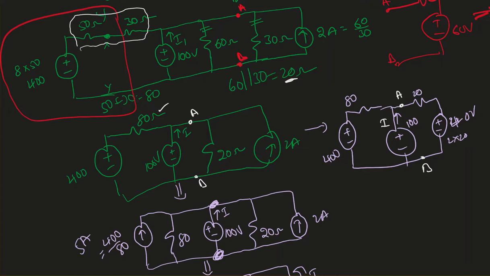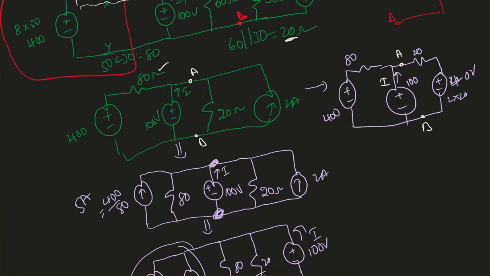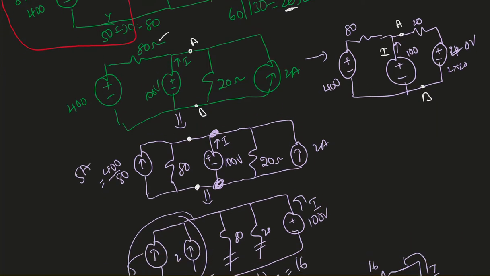That's our goal. Okay, so what I'm going to do, instead of converting this 2 ampere 20 ohms, I'm going to keep them as it is, but I'm going to convert the 400 volt 80 ohms into a current source in parallel with a resistor. Okay, so the resistance is going to be 80 ohm and the current source is going to be 400 divided by 80, 5 ampere. Okay, positive is always arrowhead.